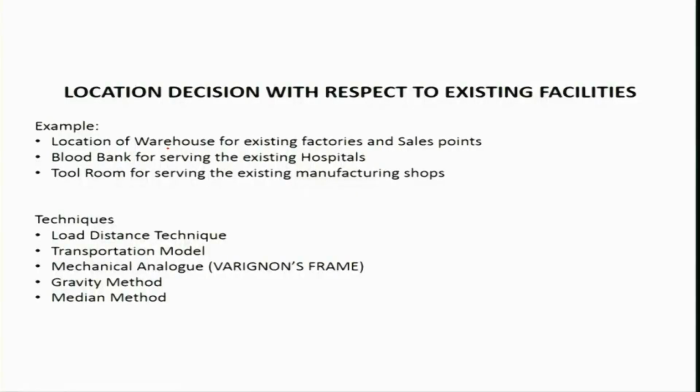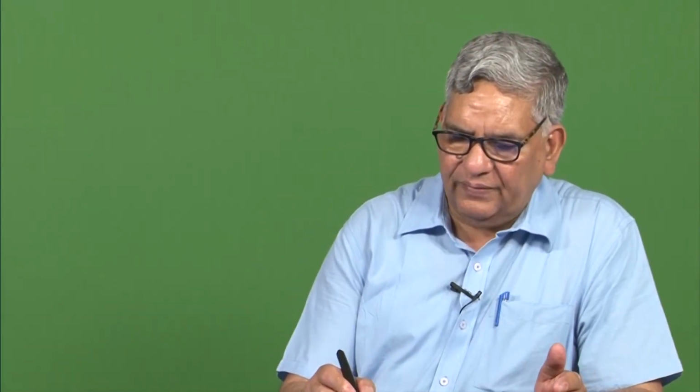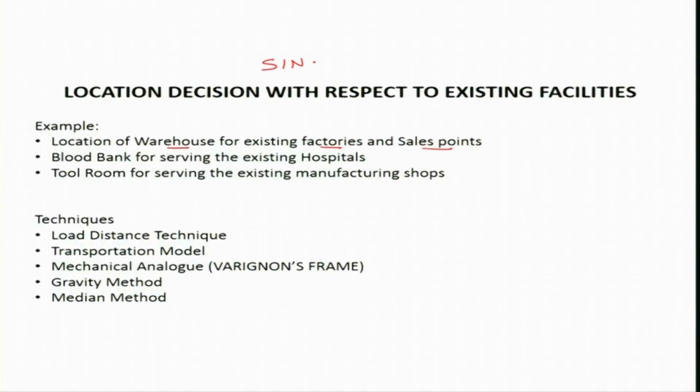So, this second set of techniques we are going to study in our next lecture, where the examples can be the location of a warehouse for existing factories and sales points. You have sales points and markets, and some existing factories, and you want to set up a warehouse which will collect the material from the existing factories and then supply to the various sales points. That is one example in this category, which is popularly called single facility location.